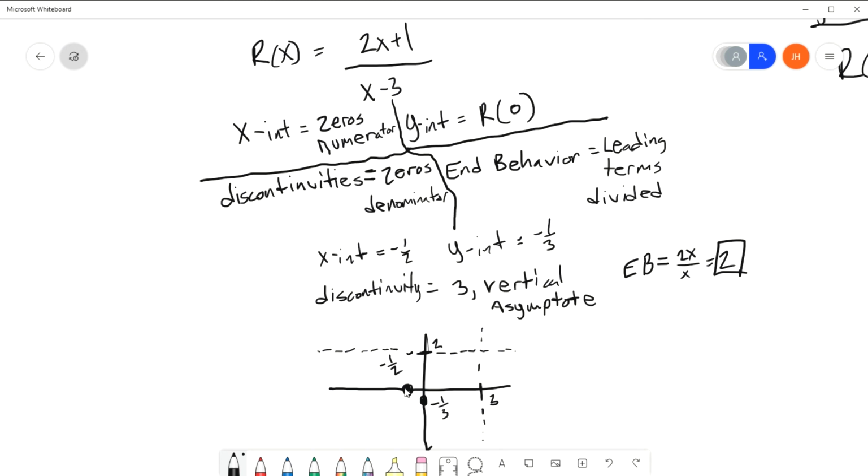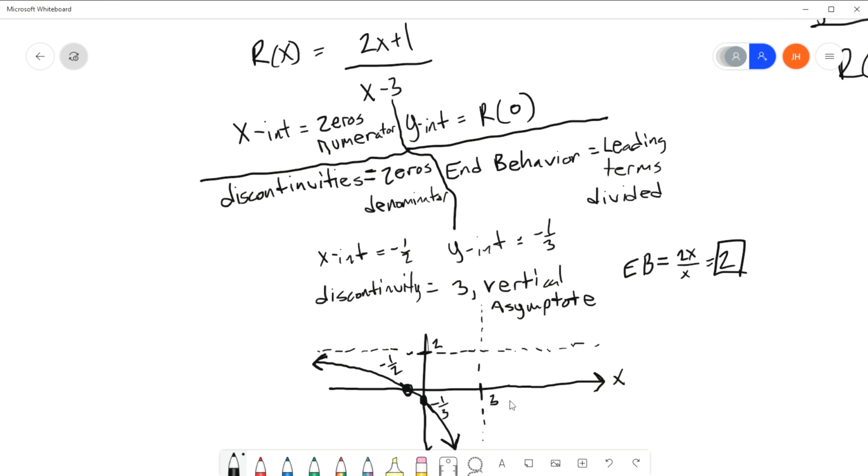Well, I can know that from these 2 points, my line is going to connect here. And from this vertical asymptote, I know that it's going to go down towards -infinity. Going this way, I know that from this horizontal, the end behavior, it is going to go towards y equals 2. And then based on what I know of this asymptote, I know that it's actually got to be coming up from here, and this is where I know that your knowledge of graphing rational functions is not yet too solid, but I know it's going to come from above, because if it came from below, I would need to cross the x-axis again, wouldn't I?